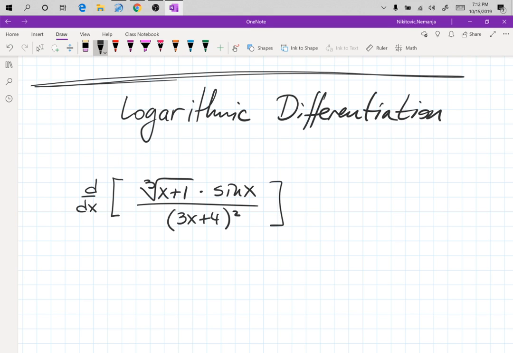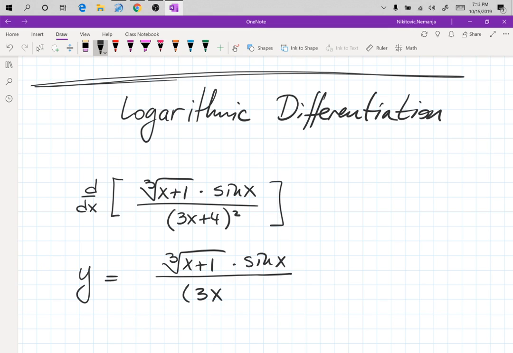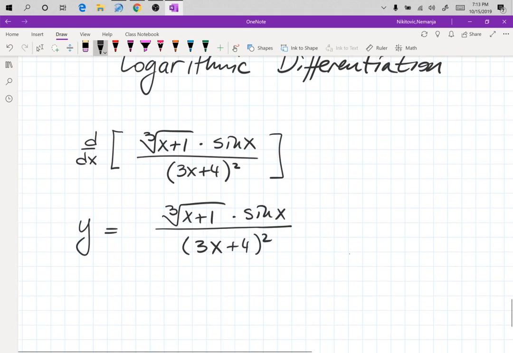What you do is you set, leave some space, this function to y. This is the mathematics behind it. Obviously, doing the problem mentally is a pattern. This is the mathematics behind it to prove that it works.